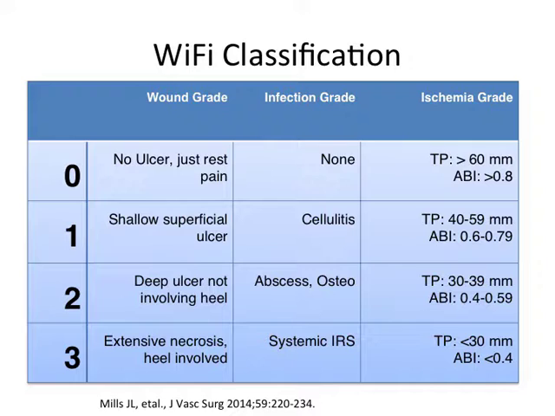This WIfI classification hasn't been mentioned, I don't think, yet this morning, but it's something that you should reference. It's put together by our vascular surgery colleagues, and what they tried to do is not only consider ischemia, as mentioned by the hemodynamic markers there, but also infection grade. There's a big difference between cellulitis and heel necrosis in regards to wound grade, and a big difference between some cellulitis and a systemic infection.